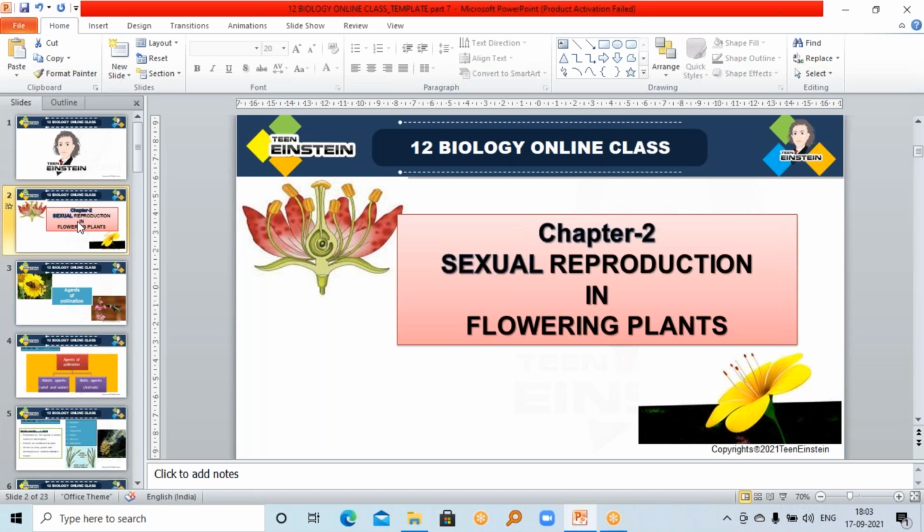And then we discussed pollination. We learned how a pollen grain is formed, and next we learned what pollination is. It is the mechanism of transferring pollen grains from the anther to the stigma. The anther is the male part where pollen grains are formed, and they should reach the receptive surface of the stigma for fertilization.